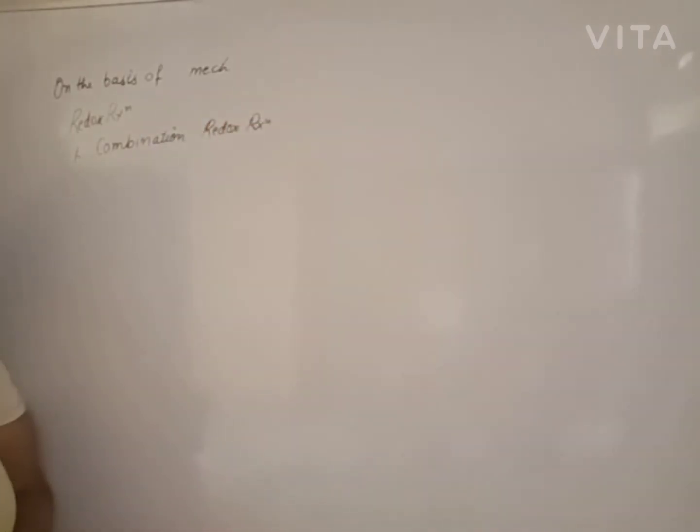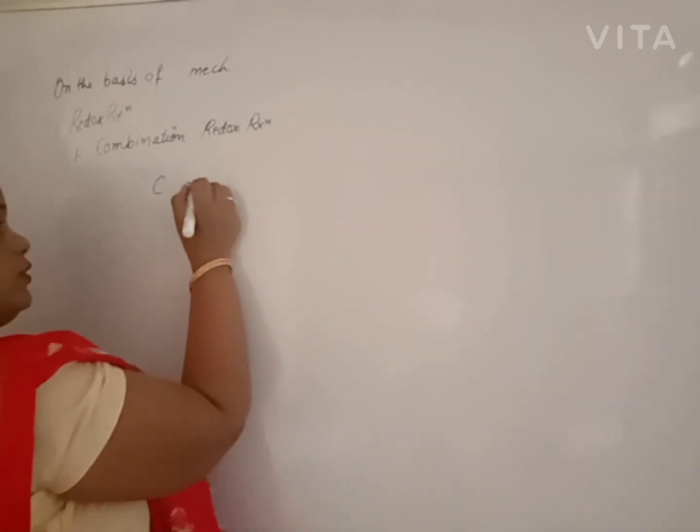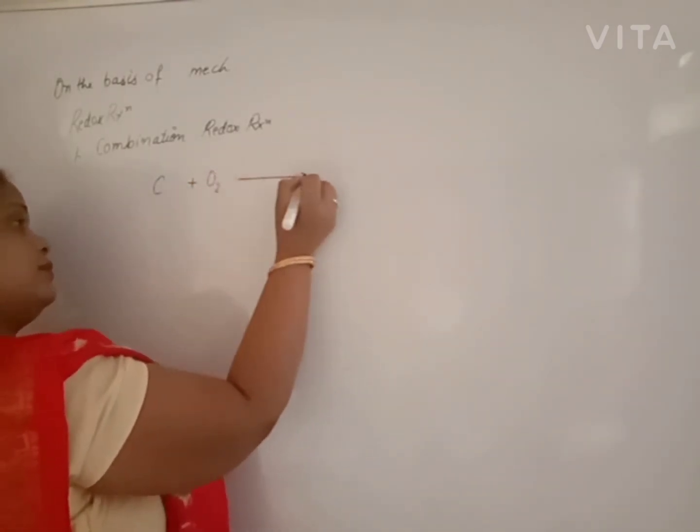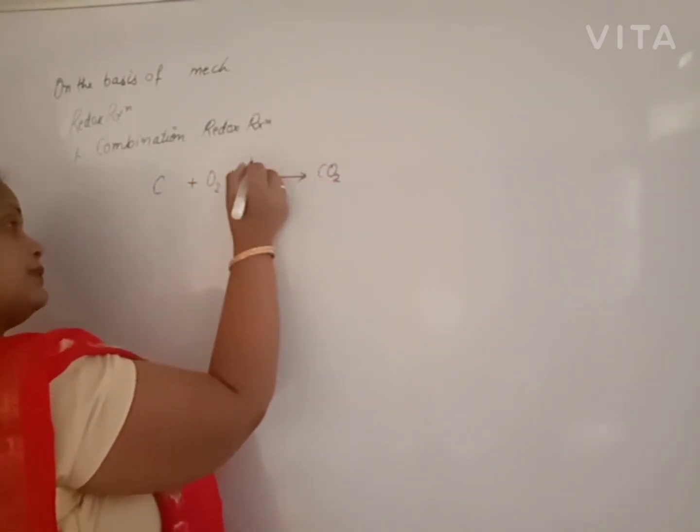Combination redox reaction is the reaction in which oxidation number changes during the combination of 2 or more elements or compounds. For example, carbon combined with oxygen to give carbon dioxide on burning.